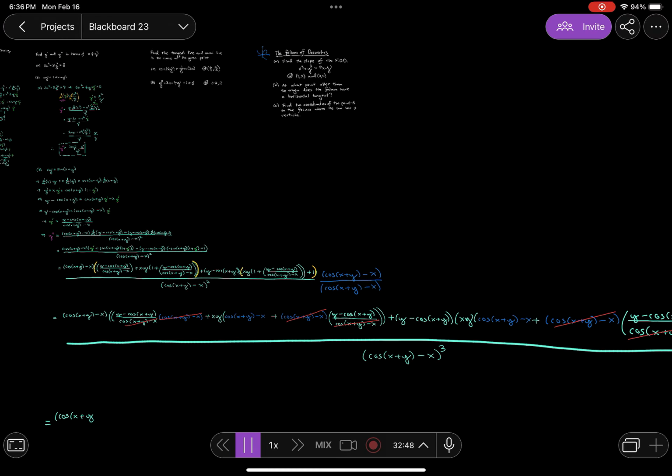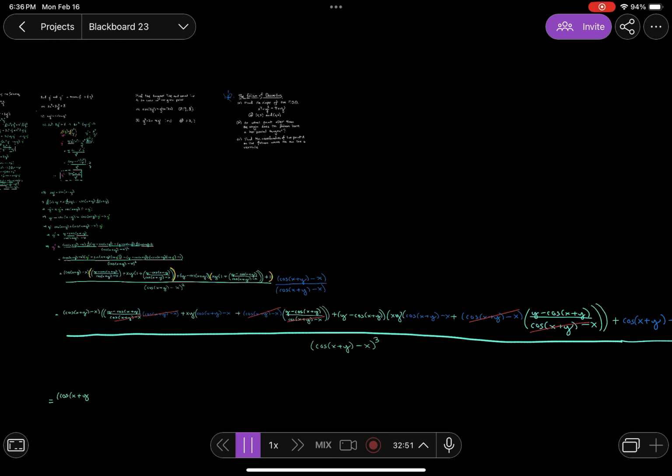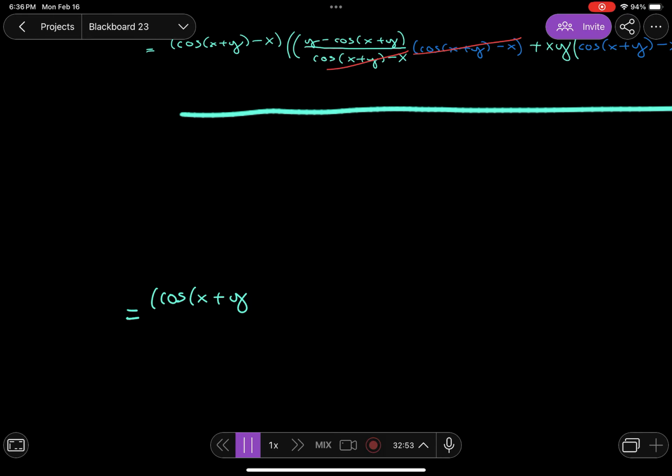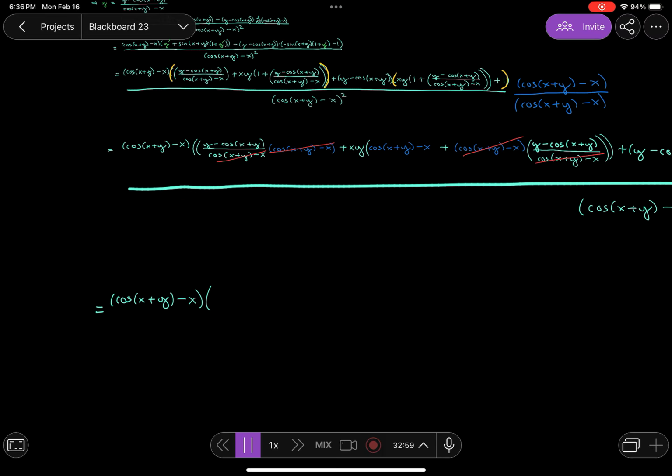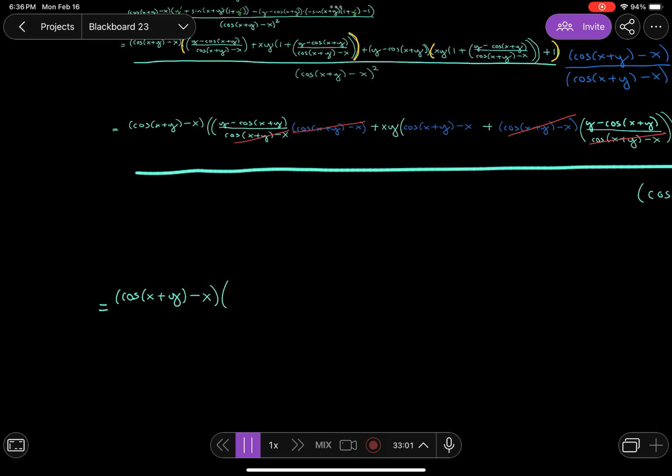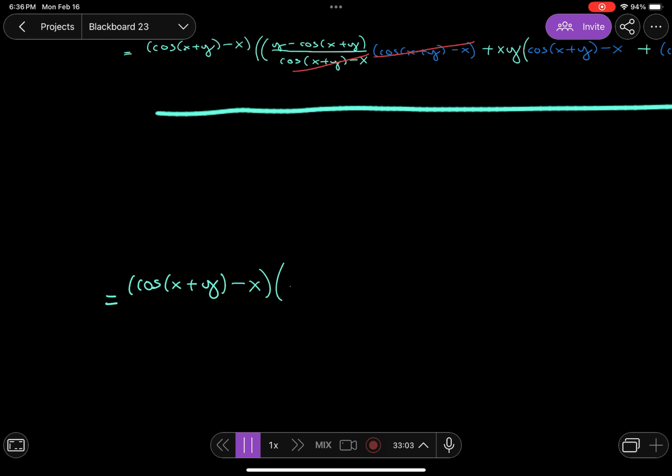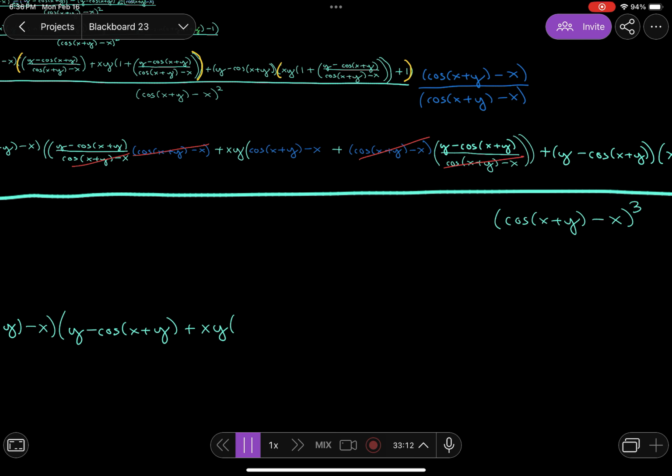Because this one needed one. Yeah, this other side needed one. Okay. And then in parentheses here. Okay, so I got this y minus cosine of x plus y plus x times y times, looking at this part right here, x times y times this.